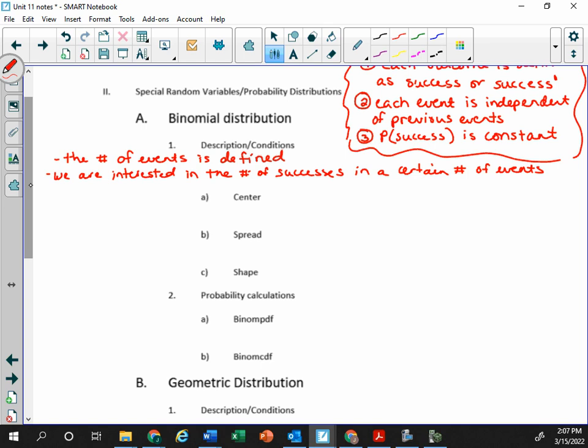We want to know how likely that is to occur. You know exactly how many times you're going to flip the coin. That is defined up front. That's the key to it. And the success is usually defined for you.